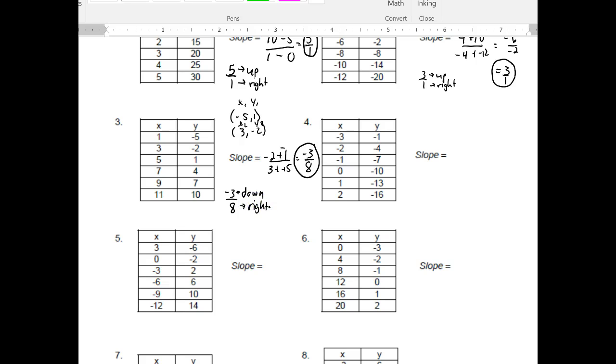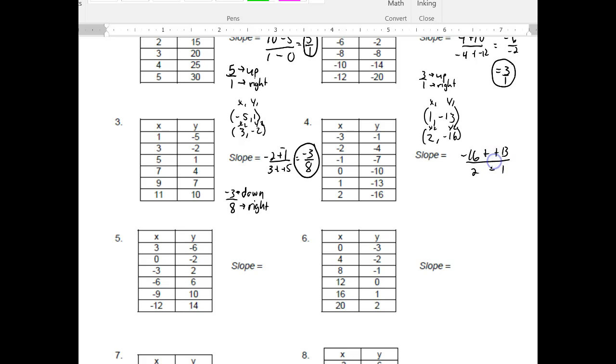For number 4, let's just take 2 different points. Let's take, say, the bottom 2, and we'll show how it still gives you a slope. So 1, negative 13 and 2, negative 16. Again, x1, y1, x2, y2. So negative 16 minus negative 13 over 2 minus 1.